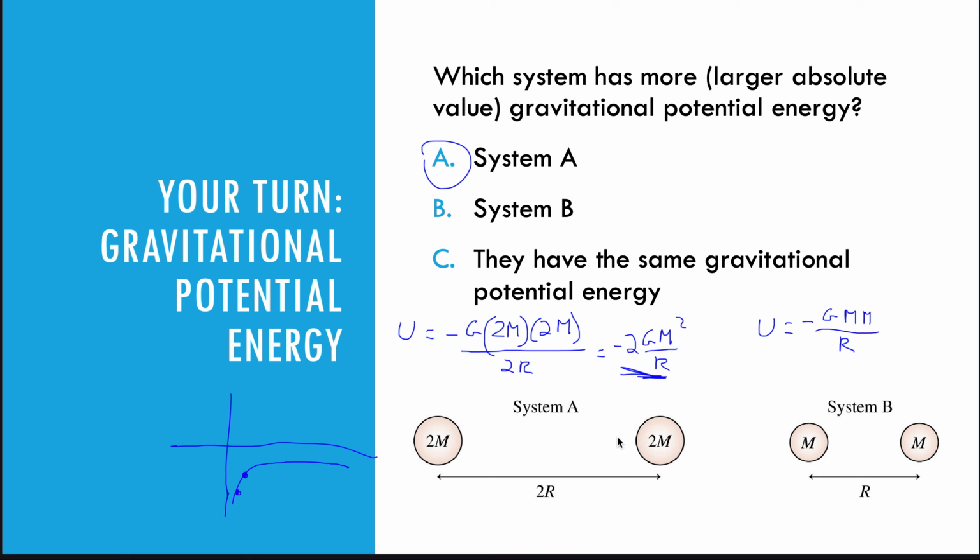If you want the distance between these two masses to be infinity, so that they're not under the influence of each other anymore, so that they have 0 potential energy, you have to give system A more energy to break those two masses apart from each other, because the energy is more negative, and you have to give it enough energy to increase its energy to 0 in order to separate those two masses.